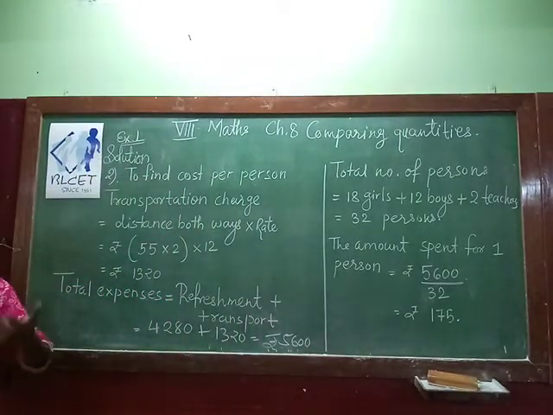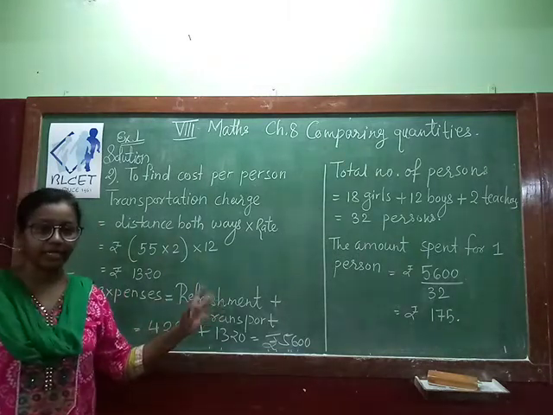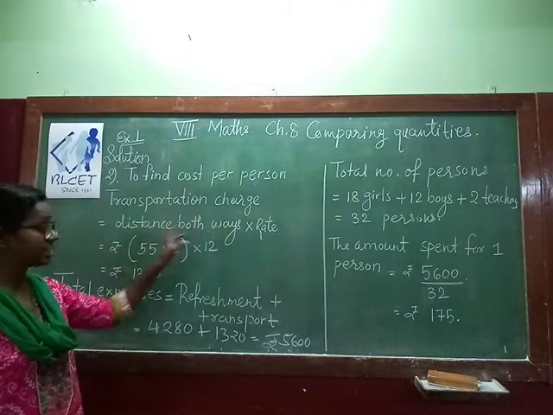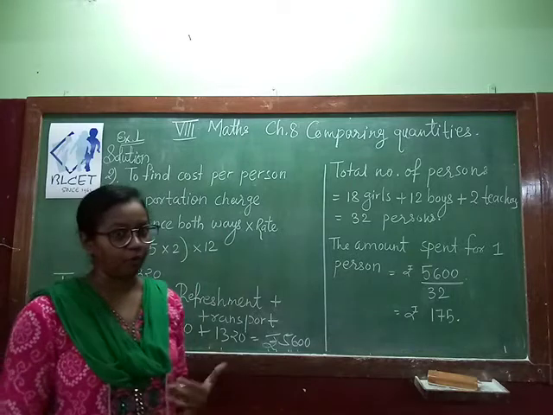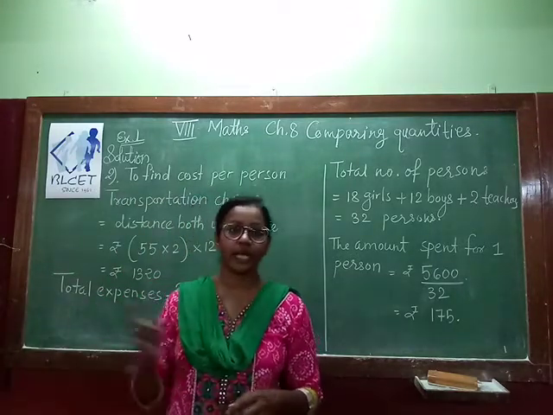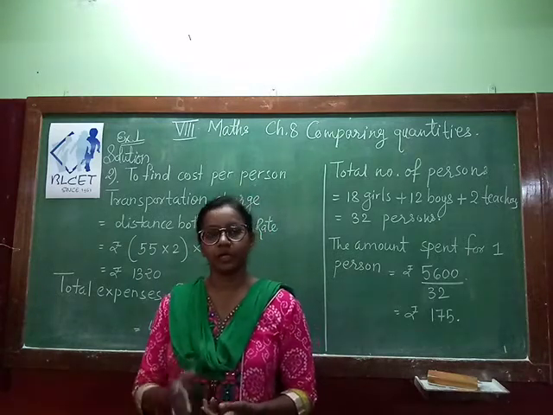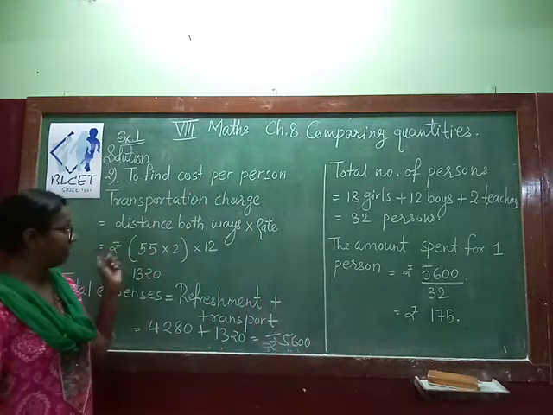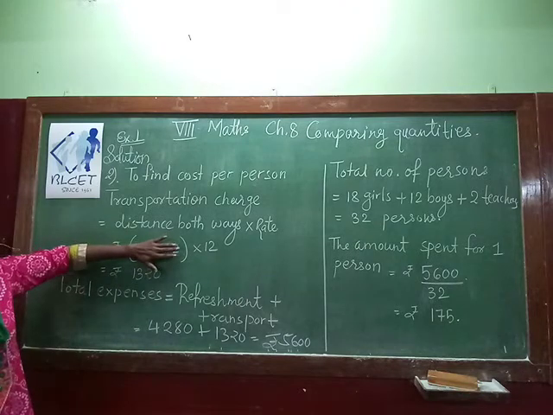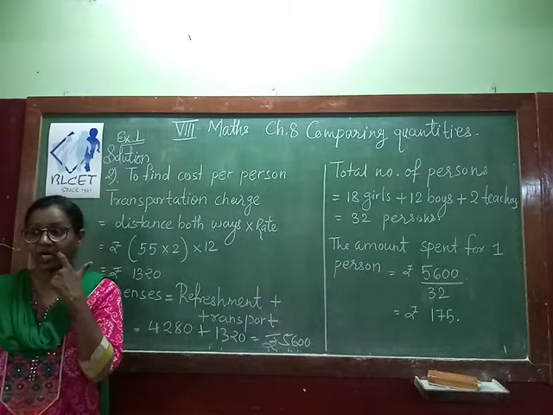First we have to find the cost of transportation, as the cost of refreshment is already given. So the cost of transportation: the distance both ways, to and fro, school to picnic site is 55 km, and picnic site to school again is 55 km. So both ways we have to count the total number of kilometers. That's why we have to multiply 55 into 2. That represents the total kilometers, and this 12 represents the 12 rupees per 1 kilometer.